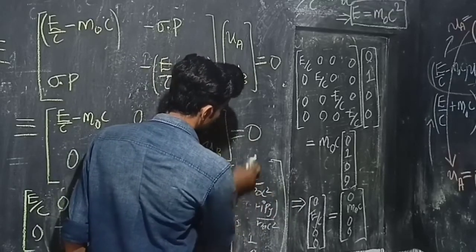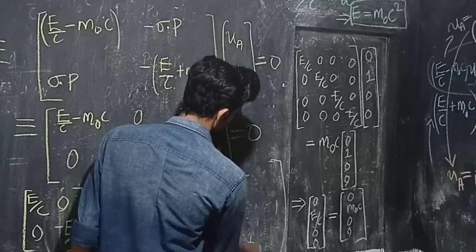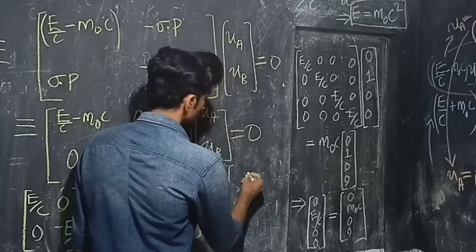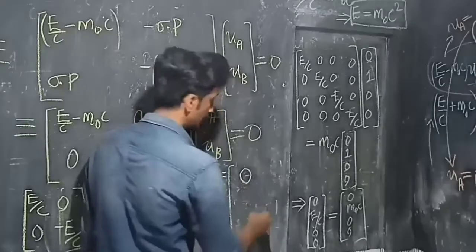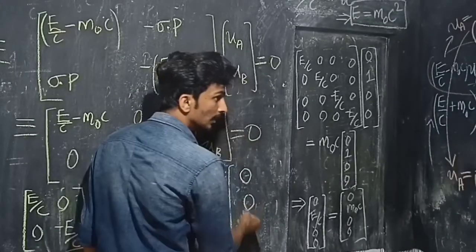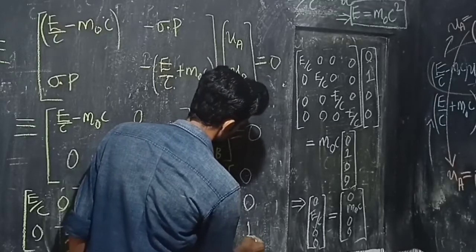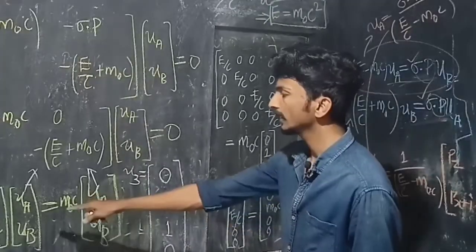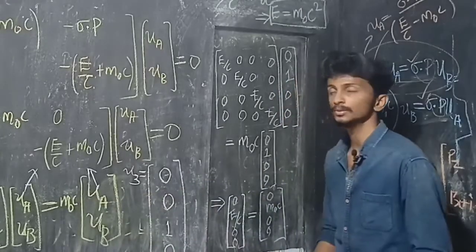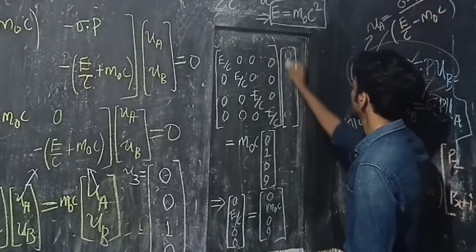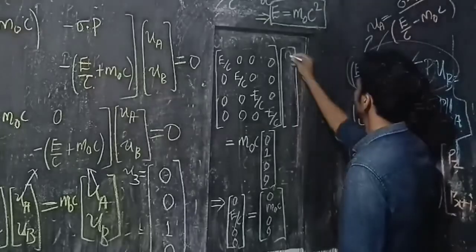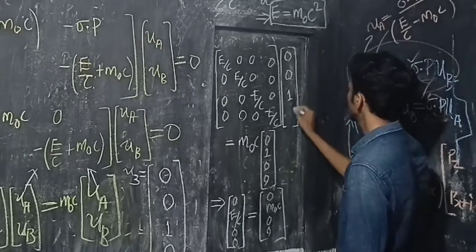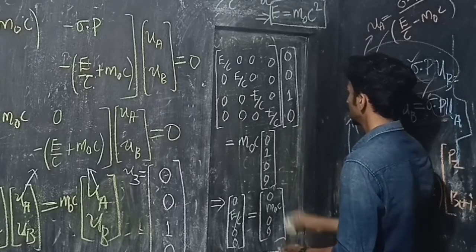So in the rest frame we can write the U3 spinor as 0, 0, 1, 0.